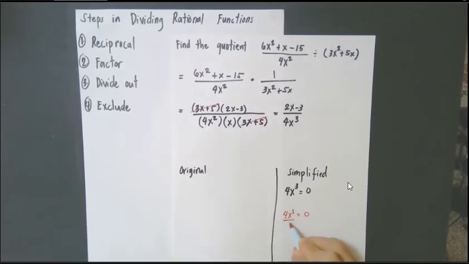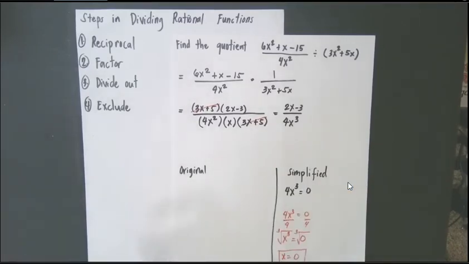We divide both sides by 4. So we have x cubed is equal to 0 divided by 4, which is 0. Take the cube root of that. What's the cube root of 0? That's 0. So that is your excluded value for the simplified form.